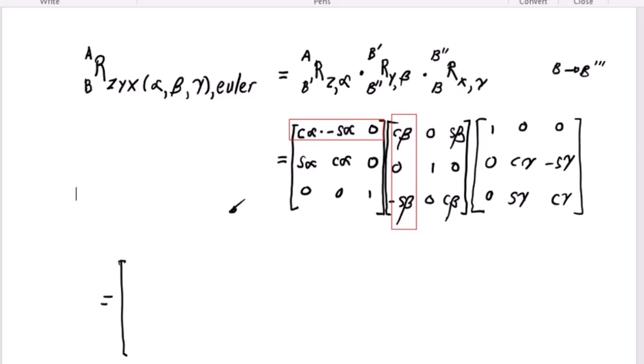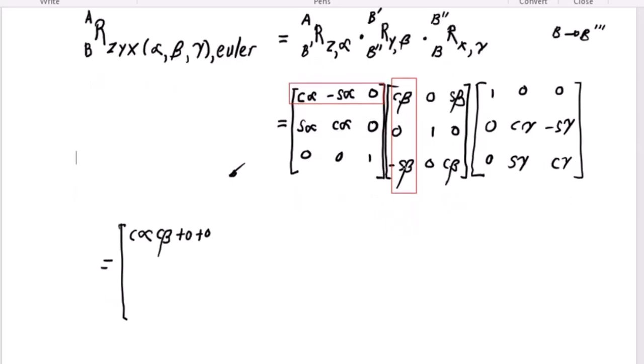Cosine beta, multiply this, 0 multiply this. So we start with the cosine alpha and cosine beta. Then you have here 0 times this, plus 0, plus 0. That is the first value of the first column, first row. Next, the same, cosine beta times sine alpha.